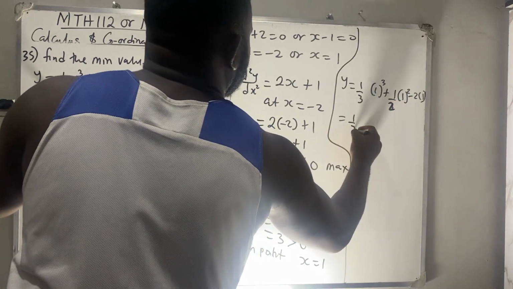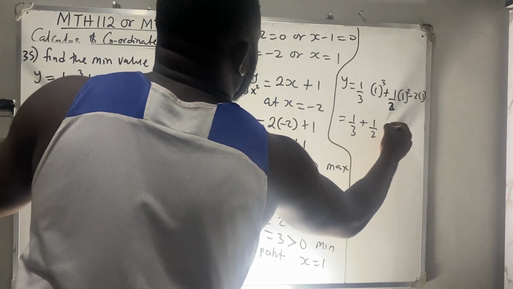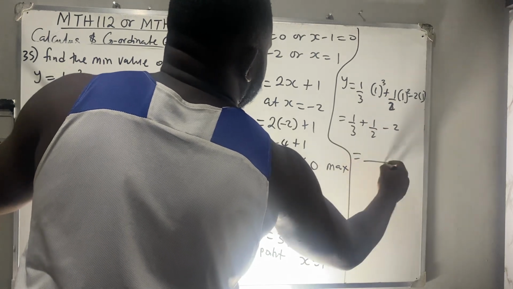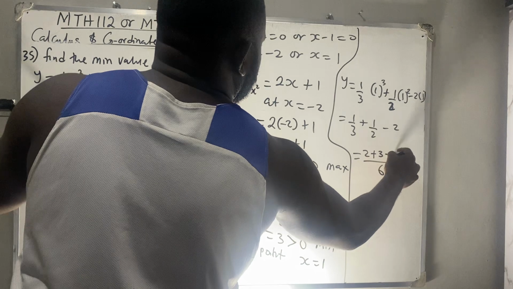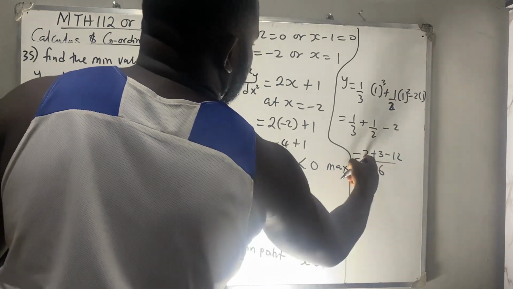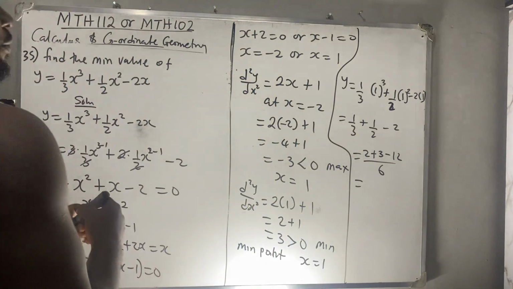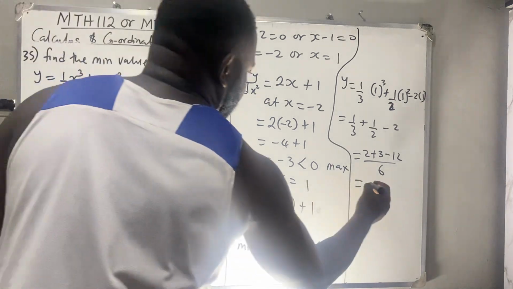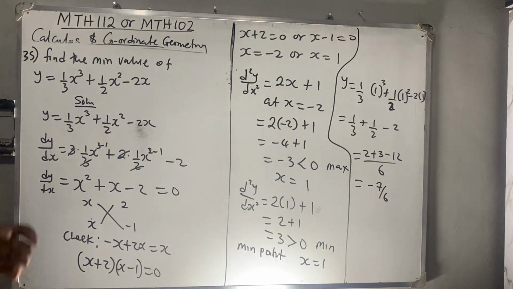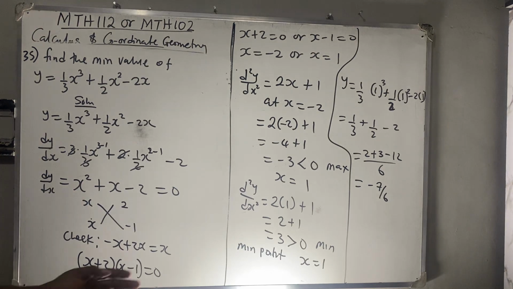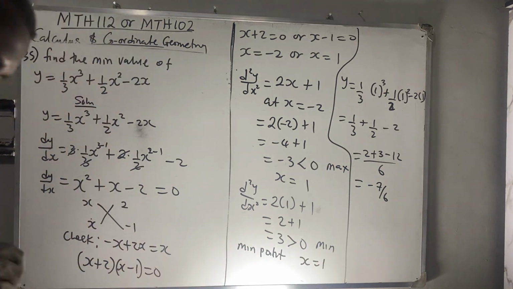So which is 1 over 3 plus 1 over 2 minus 2. So the LCM here is 6: 2 plus 3 minus 12. 2 plus 3 gives us 5. 5 minus 12 gives us minus 7. Minus 7 over 6.